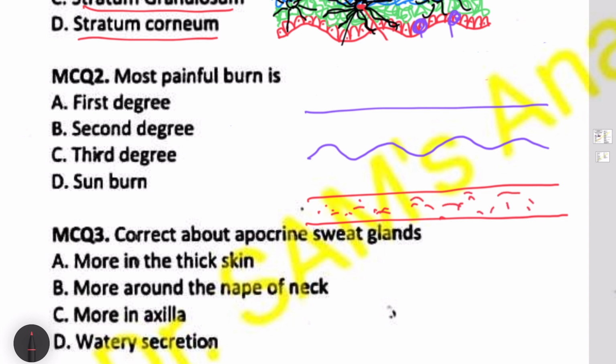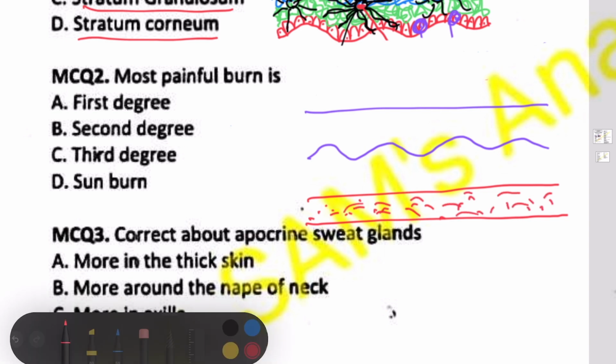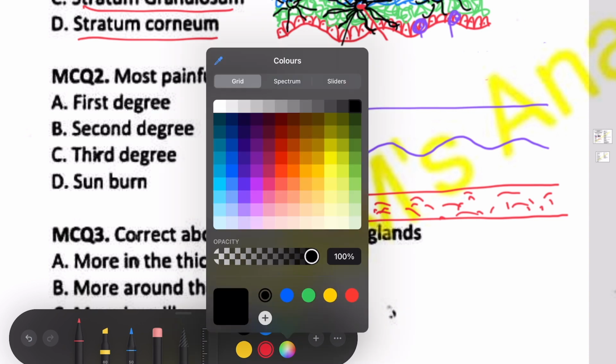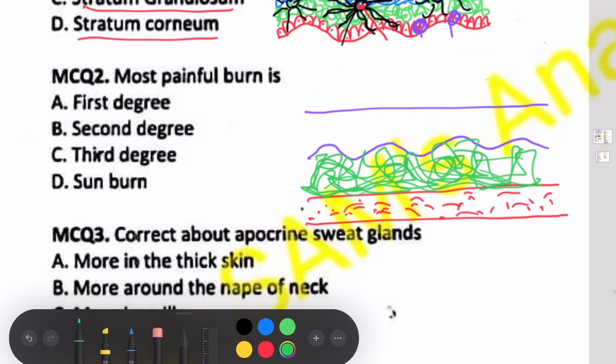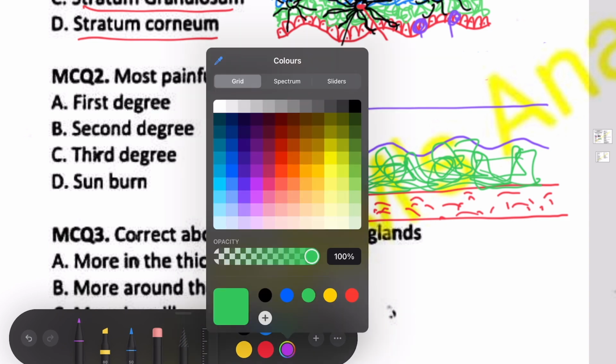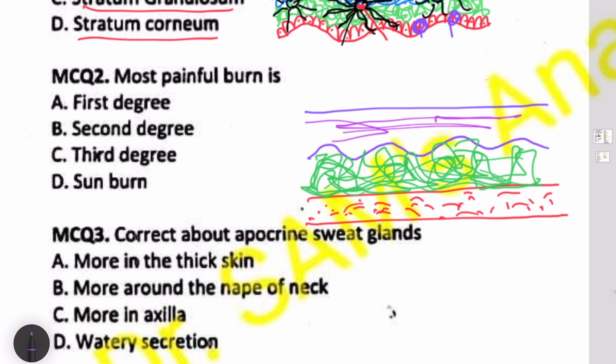This is the dermis, made up of hair follicles, sweat glands, sebaceous glands, blood vessels, and everything. The top layer is the epidermis, which I have already told you about.